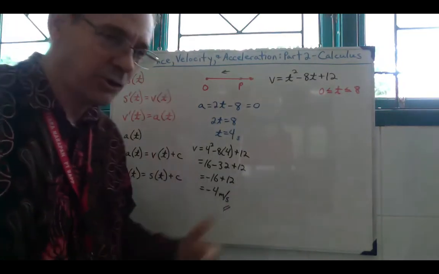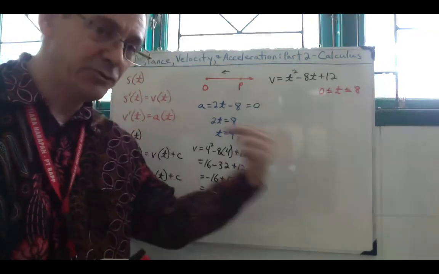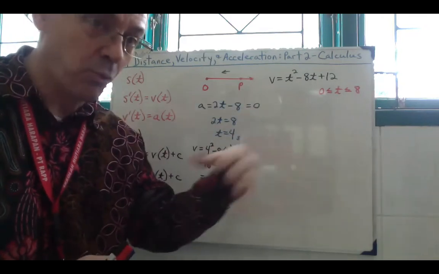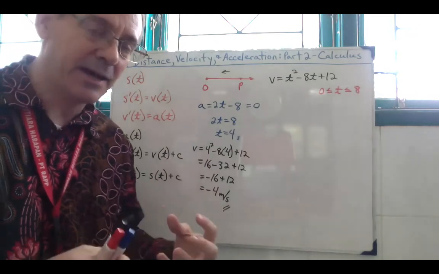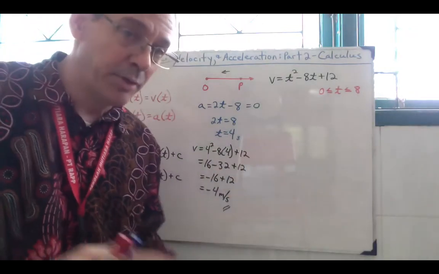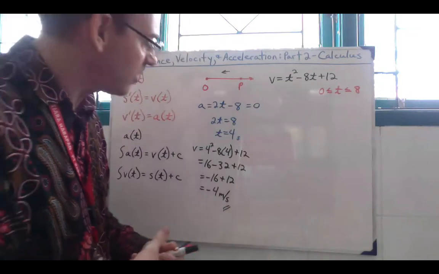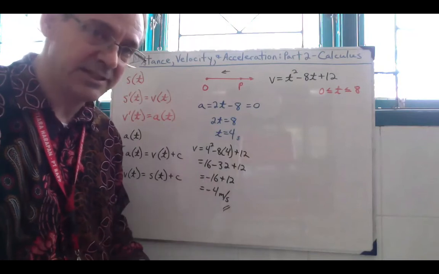Because the next question is asking about total distance. And if you change directions, it means you're going over the same ground more than one time. So what we're actually doing is we're adding up displacements, but we need to know how many displacements we're working with. So every time your particle turns around, the velocity is 0.